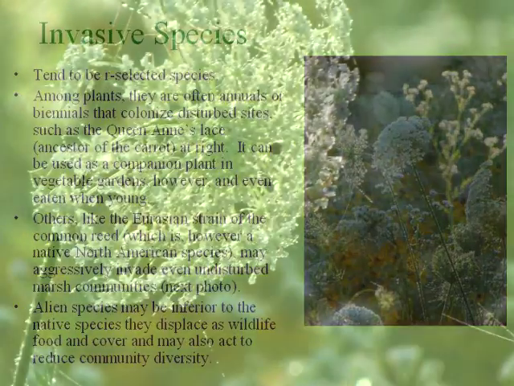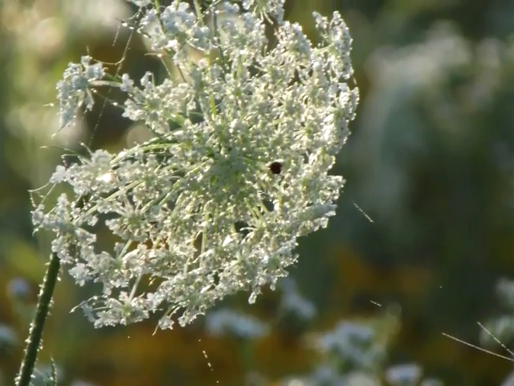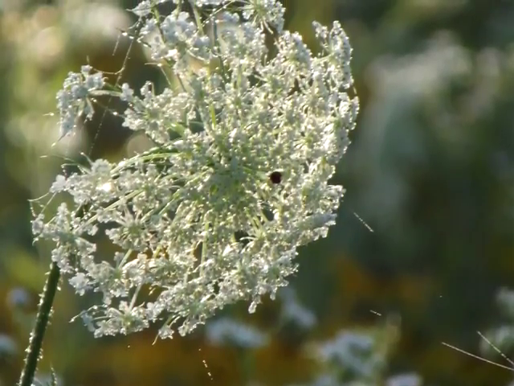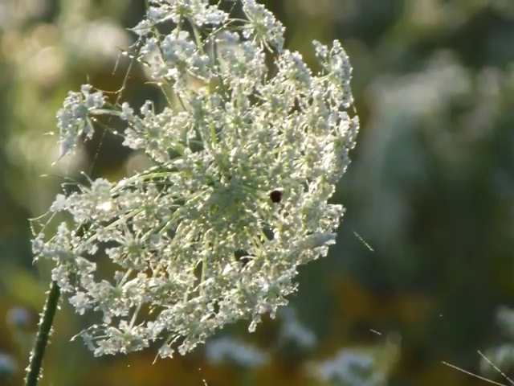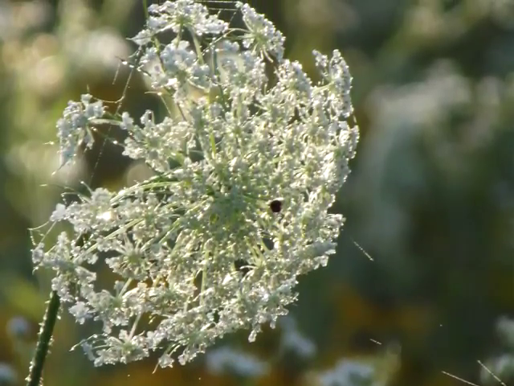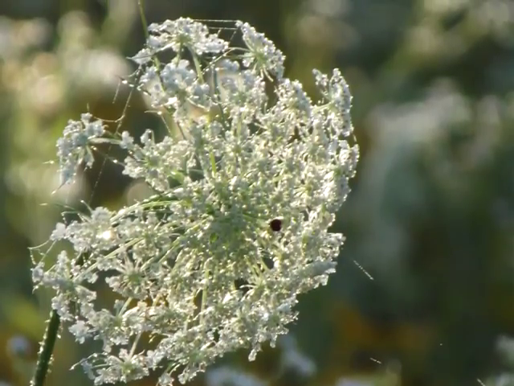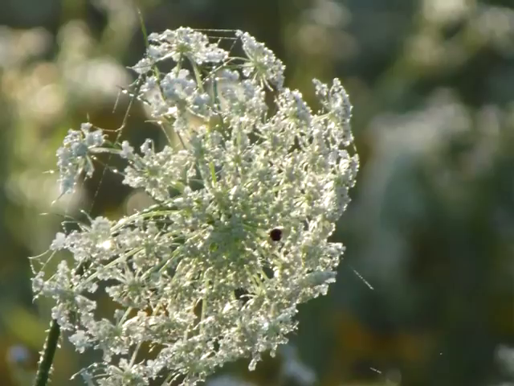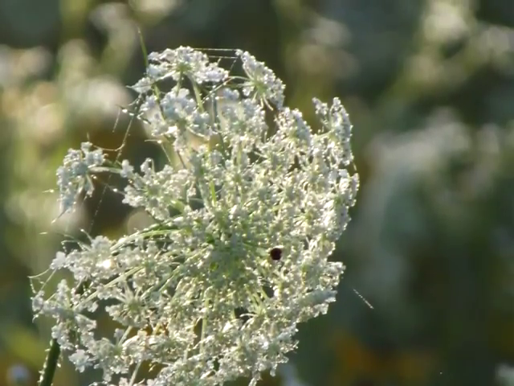The Queen Anne's lace that you see in this photograph here is an example of an invasive species. It's a Eurasian plant. It's actually the ancestor of the wild carrot. And in North America, it can invade disturbed areas, but it can even invade established communities.